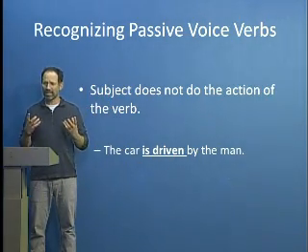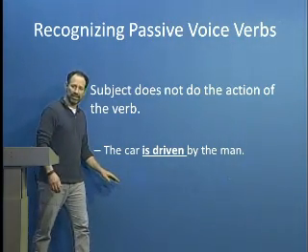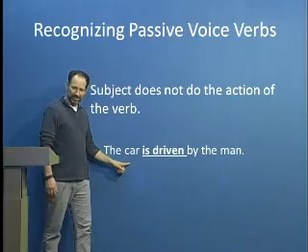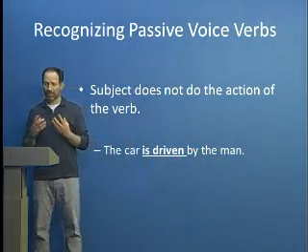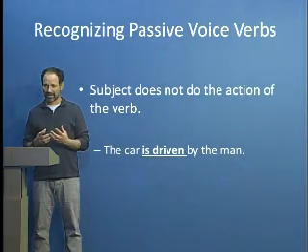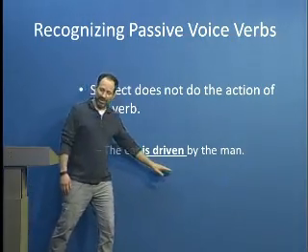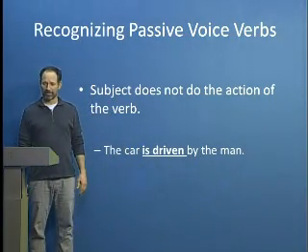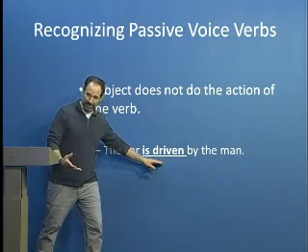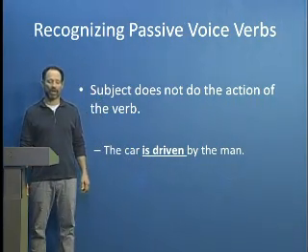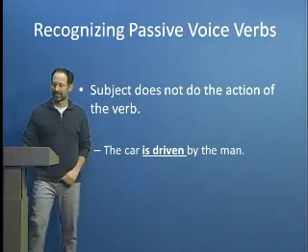Now, who is doing the action of driving? It's not the car, okay? It's the man. So in a passive voice sentence, the thing in the subject position does not do the action of the verb. Okay, the car is not doing the action of driving, so that would be a passive sentence.